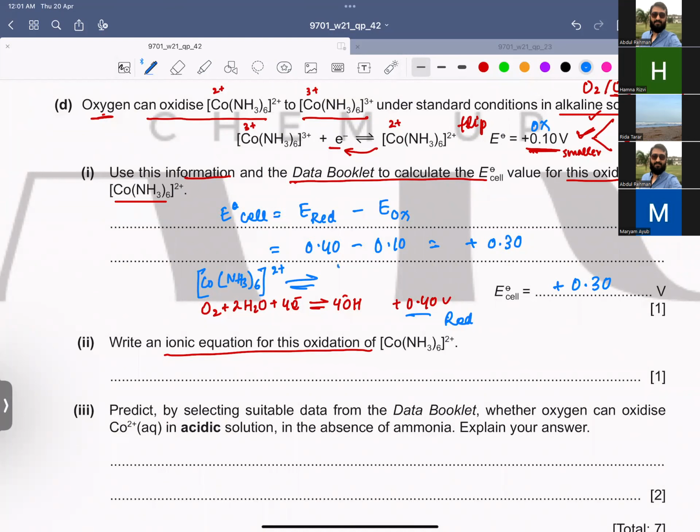I have to multiply this equation by 4 because there are 4 electrons.